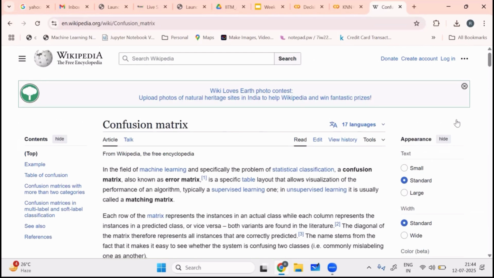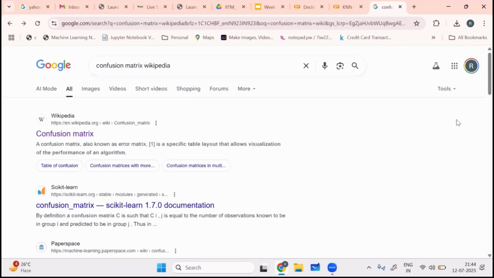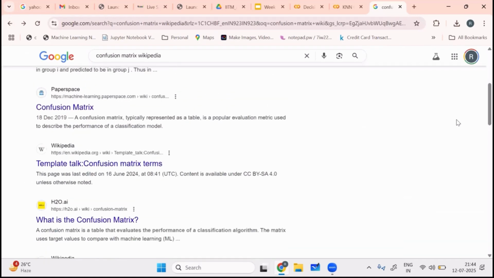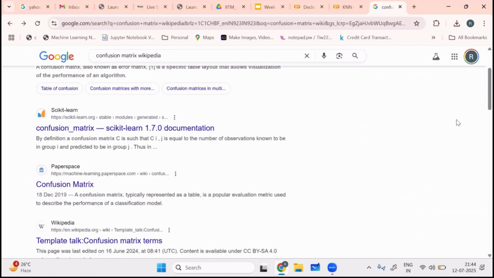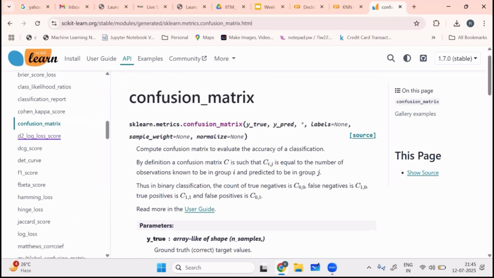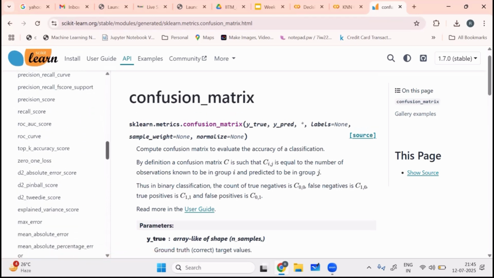Apart from that, there is one more thing which exactly comes on the way. So confusion matrix from scikit-learn, right? So it gives you every aspect, right? All the formula and all these things can be learned from here. I mean, multiple things are there for confusion matrix.